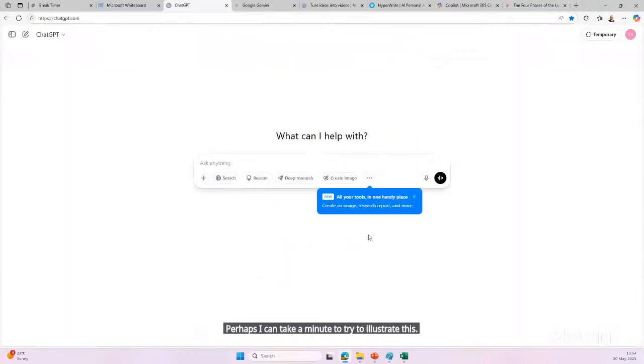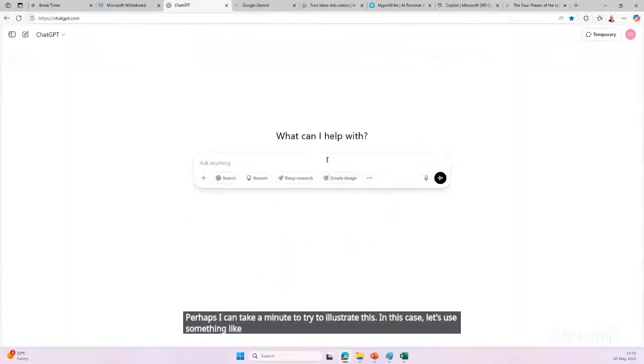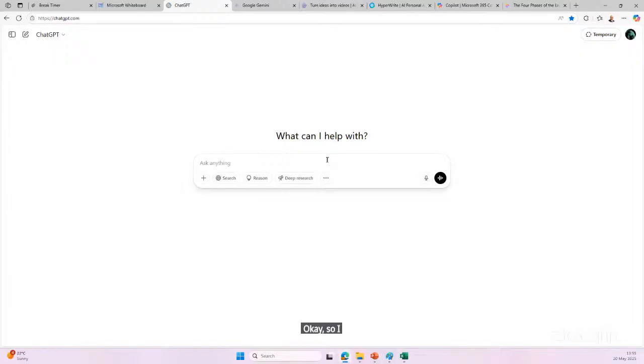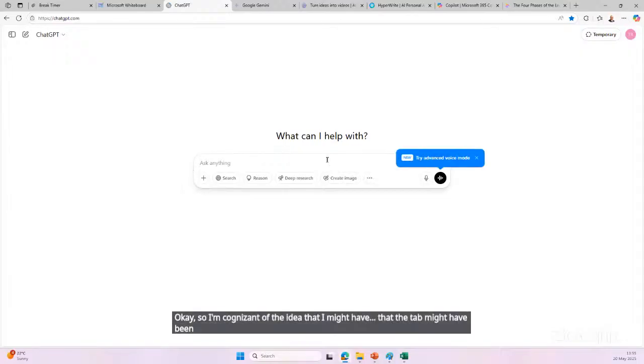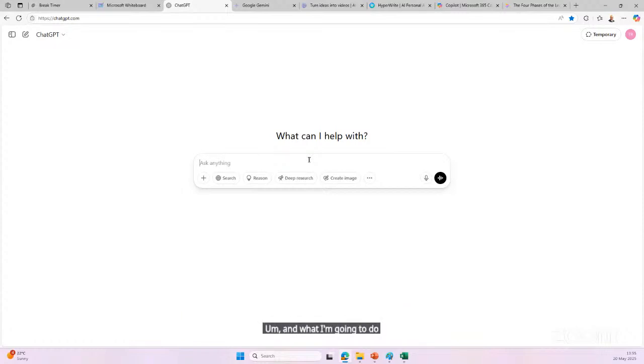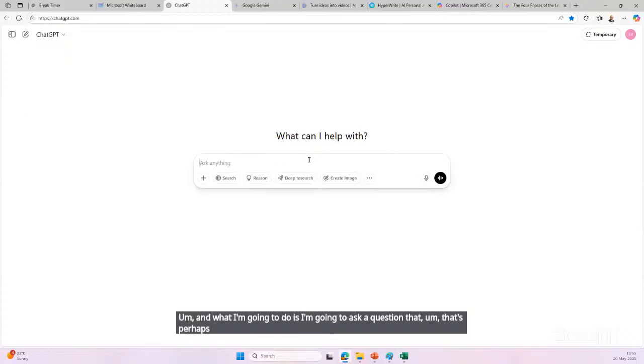A very good example, perhaps I can take a minute to try to illustrate this. In this case, let's use something like ChatGPT. Okay, so I'm cognizant of the idea that the tab might have been idle for too long and it might have signed me out. So I just refreshed it quickly. And what I'm going to do is ask a question that's perhaps way out of left field, right?